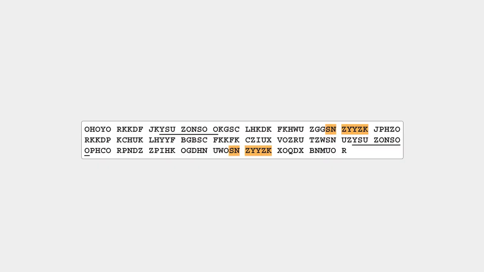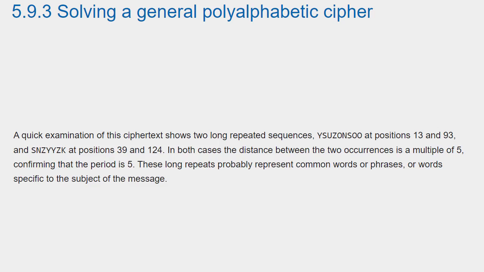Let's begin with this polyalphabetic ciphertext. A quick examination of this ciphertext shows 2 long repeated sequences, YSUZONSOO at positions 13 and 93, and SNZYYZK at positions 39 and 124.